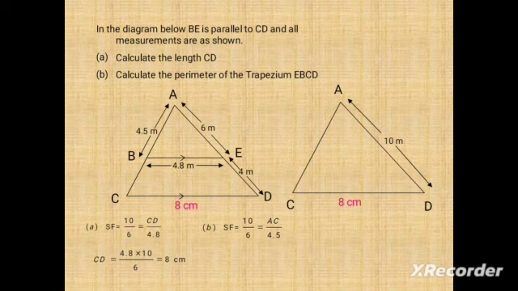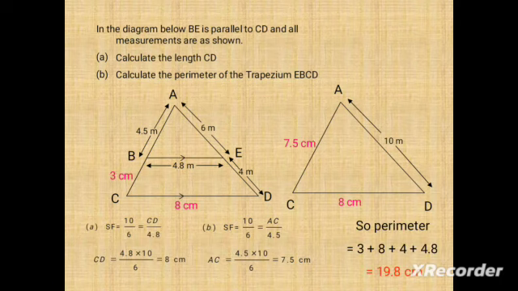So we want to find AC first, and then we subtract AB, so that we see what we are left with. So AC is equal to 7.5 if you do cross multiplication. So if AC is 7.5 and AB 4.5, then we have BC as 3 centimeters.